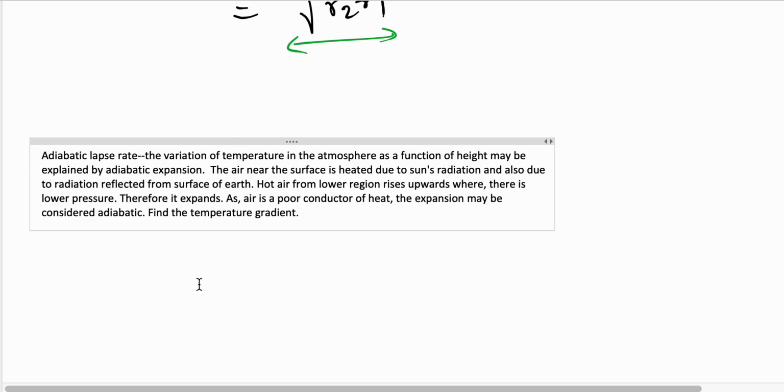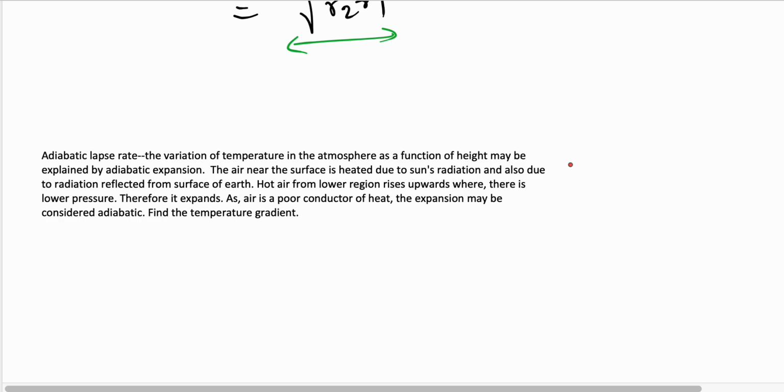Now in this next question it is asked that the adiabatic lapse rate, that means the variation of temperature in the atmosphere as a function of height, may be explained by adiabatic expansion. How is it adiabatic expansion? Now the air near the surface is heated due to the sun's radiation.